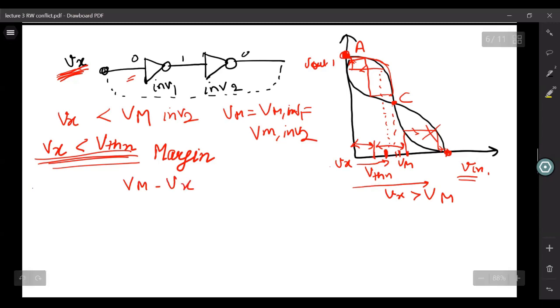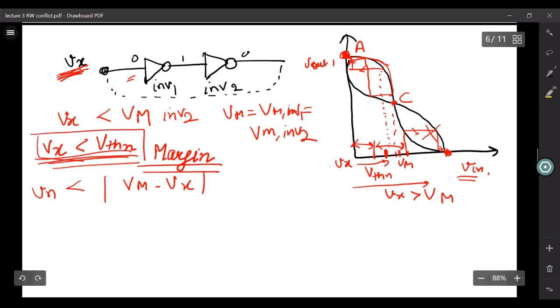Any noise present in the circuit which is less than this magnitude of Vm minus Vx can also be tolerated, and we can work even with that kind of noise without affecting the state of this SRAM cell. So that is why, just to have this margin, they tell that the design rule is Vx should be less than Vth of n.